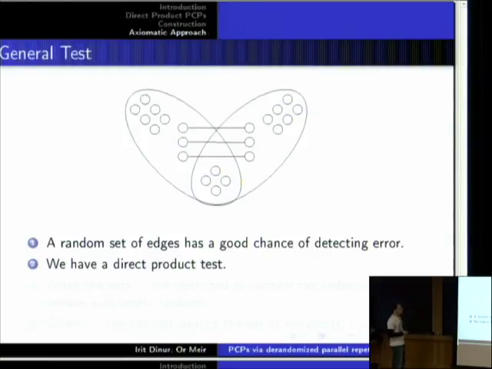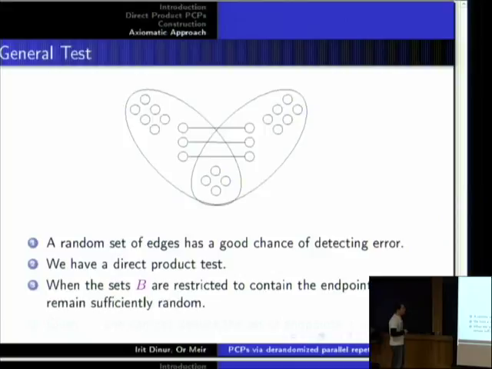Then we need, and this is a more cumbersome requirement, that if we choose a random set of endpoints according to the distribution of the edges, and then restrict the big sets, B1 and B2, to contain those endpoints, then they are still sufficiently random. And this sufficiently random actually means sampling.